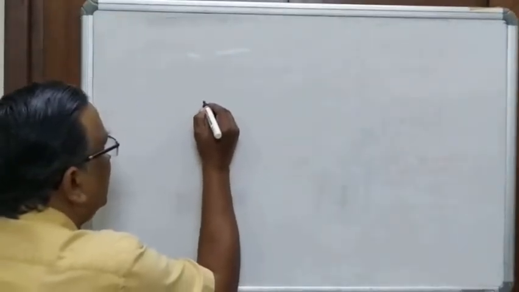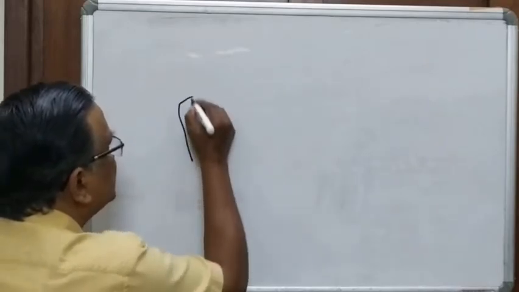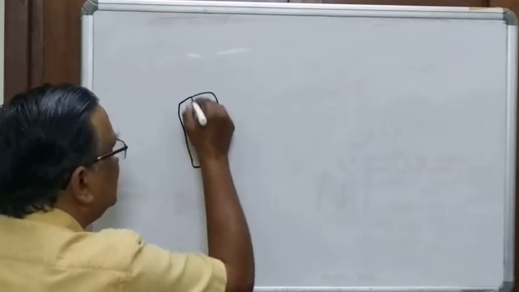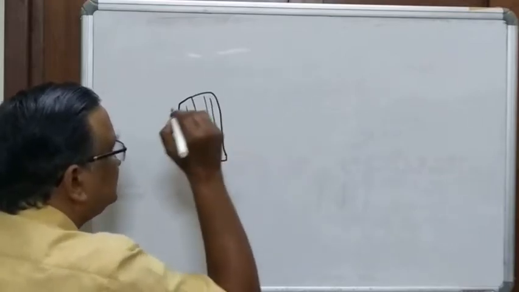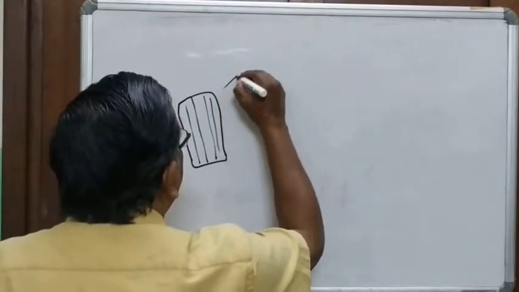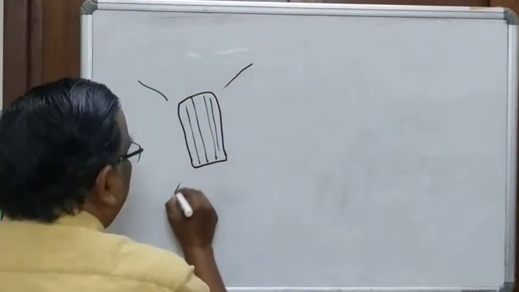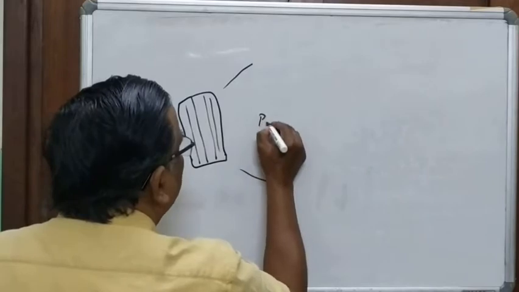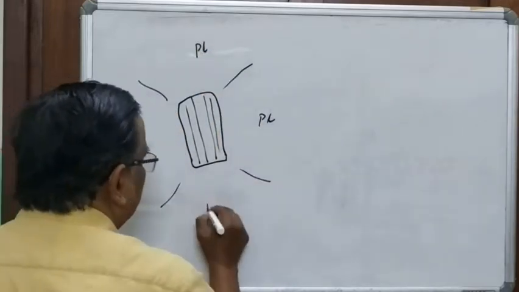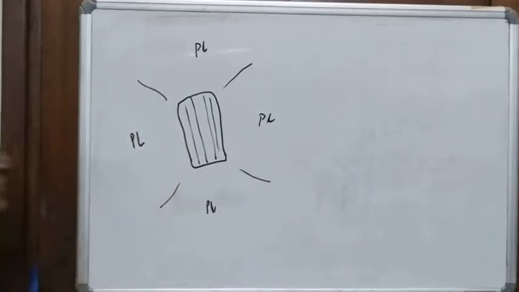Say, for example, I have a pyroxene crystal, a prismatic section of pyroxene with cleavage, and it is bordered by plagioclase.